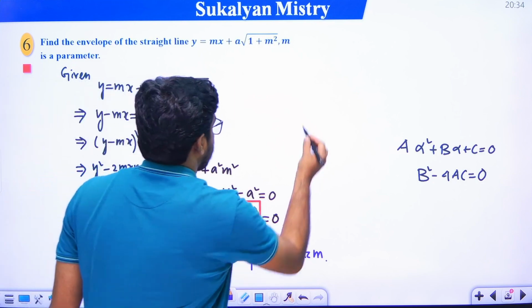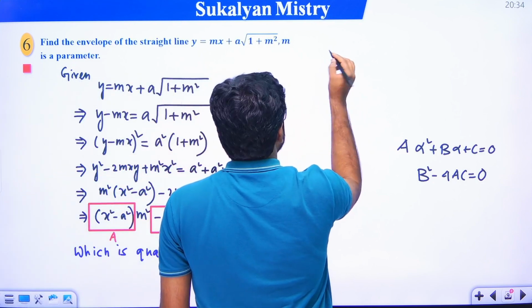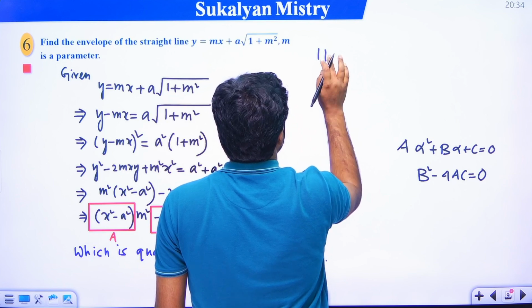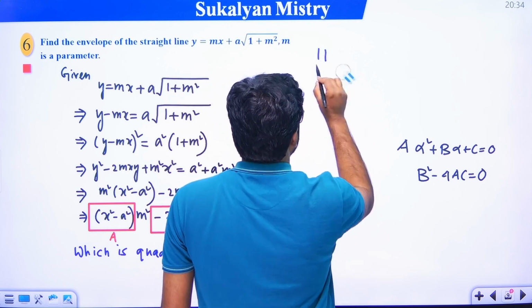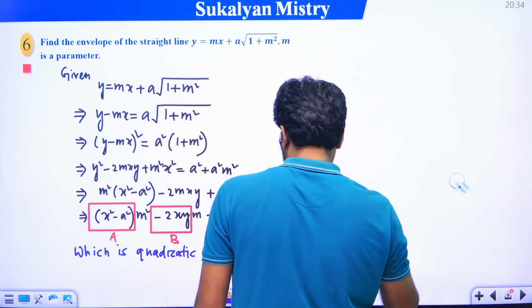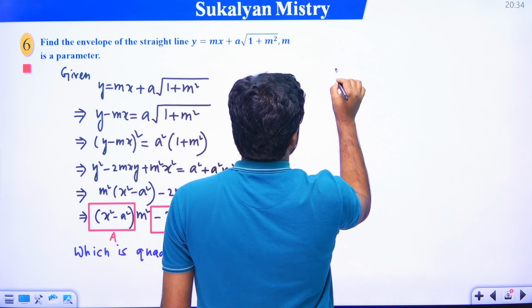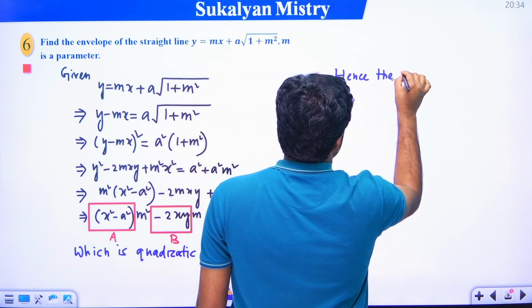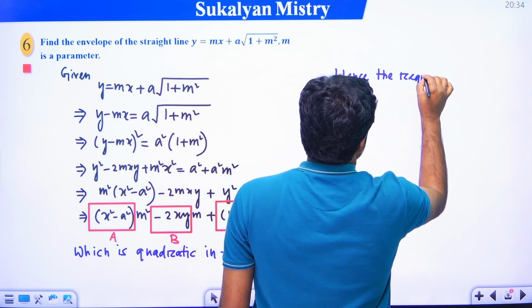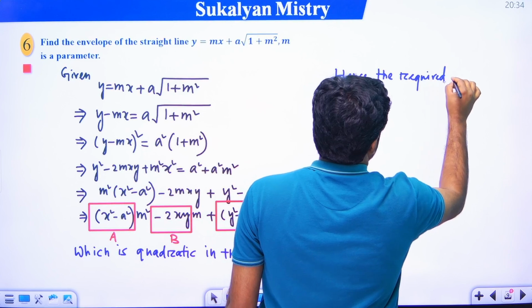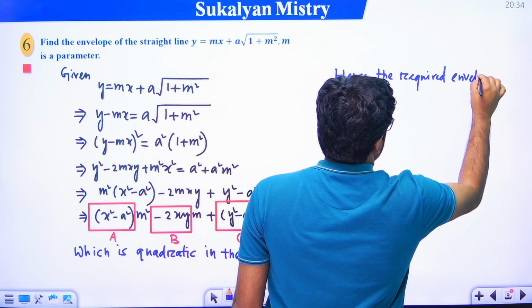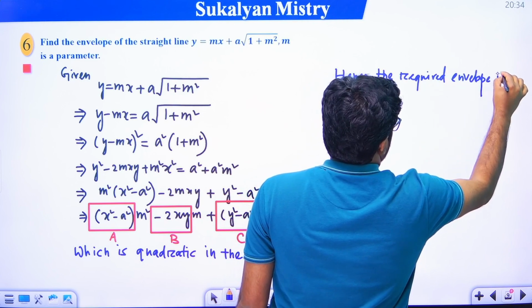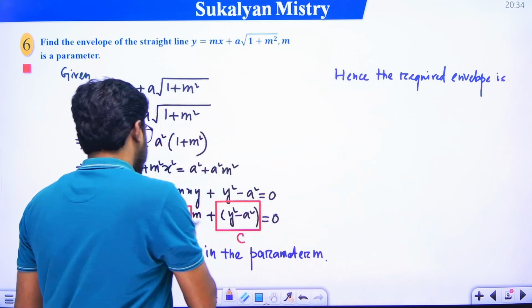Therefore, hence the required envelope is b square minus 4ac is equal to 0.